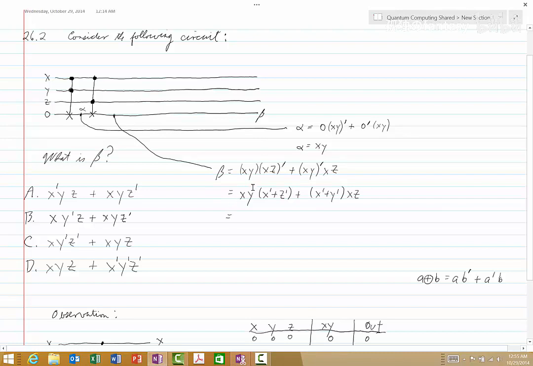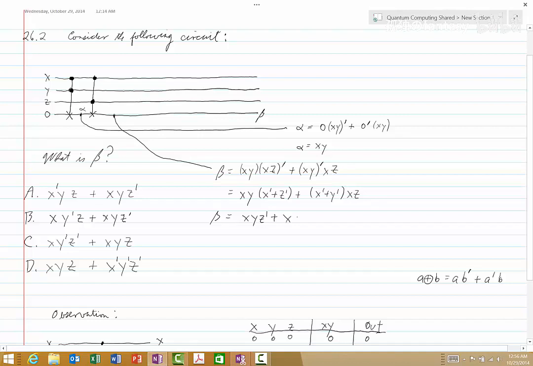Now if we multiply this out, xy ANDed with x prime, since this has x in it and that has x prime, that will be 0. So we will get xyz prime from this first term, and similarly over here, x prime ANDed with xz goes away, but we do get an xy prime z term here.